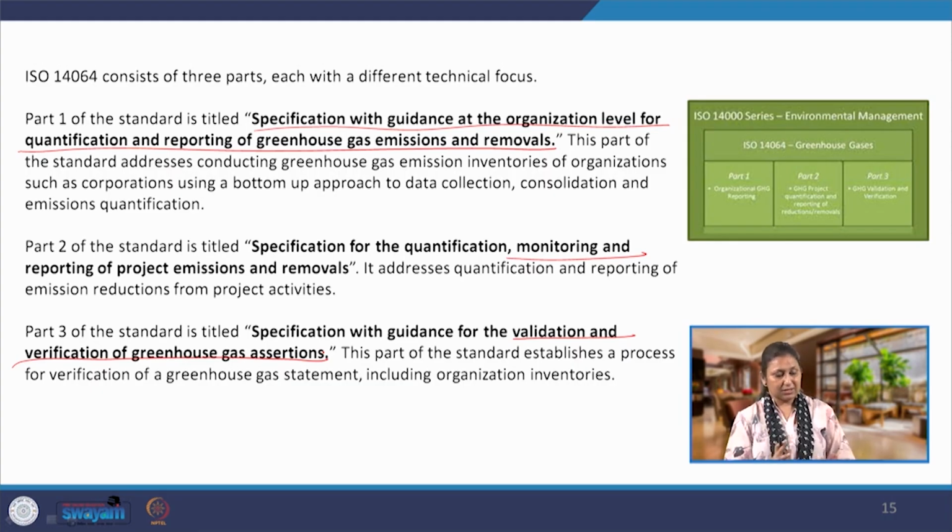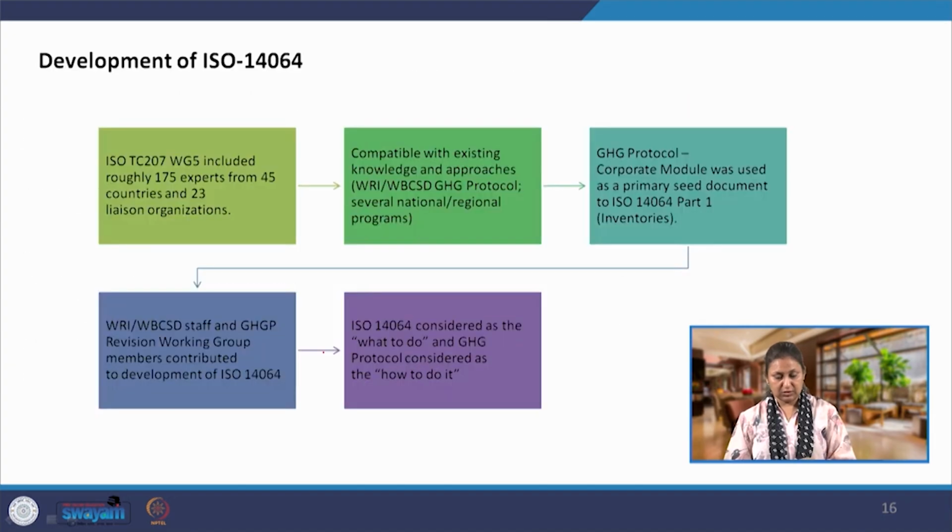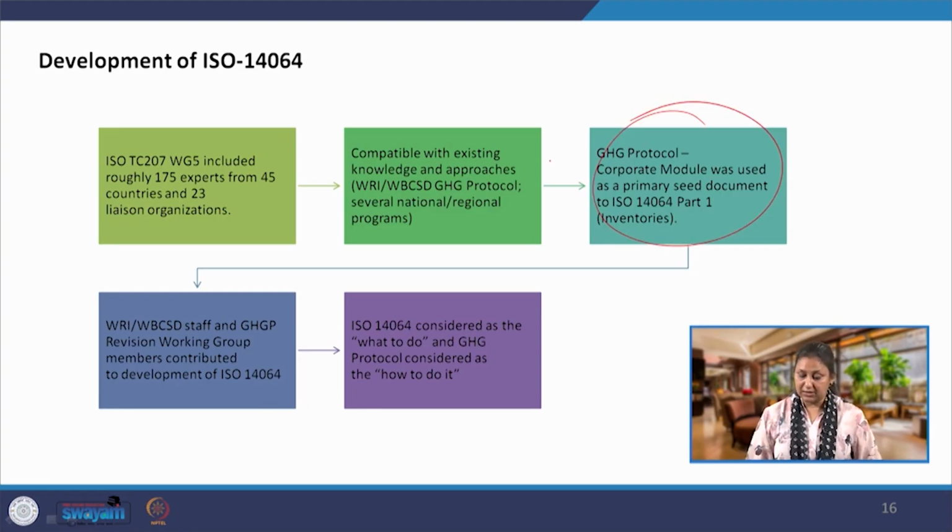So, these are the three standard parts of 14064, which is dealing with greenhouse gases. If we look at the development of 14064, we have seen all the different parties, but we have to clearly understand that the greenhouse gas protocol corporate standard was used as the primary seed document to ISO 14064 part 1, which is actually dealing with inventories.